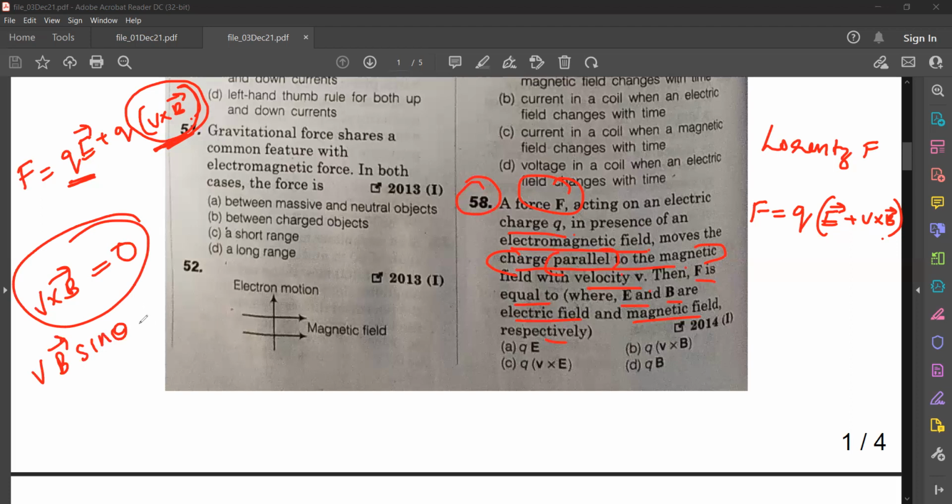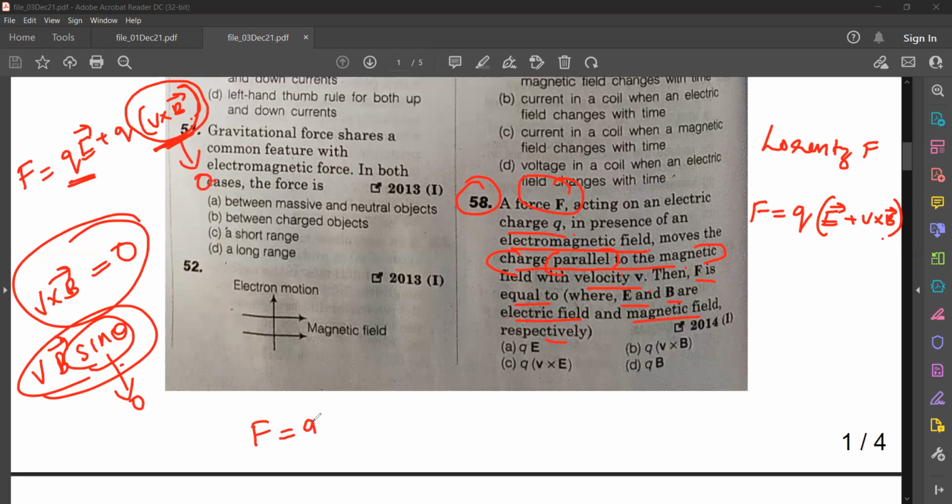Parallel means theta is equal to 0 degrees, or if it is anti-parallel, it is 180 degrees. In both cases, sin theta is 0. So V cross B becomes 0, and this part is becoming 0.